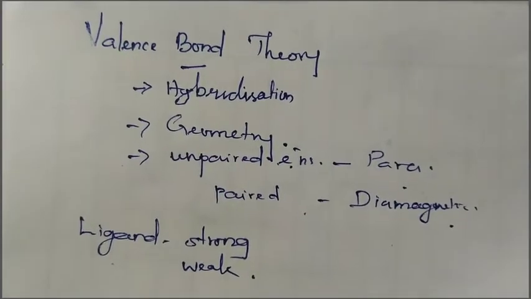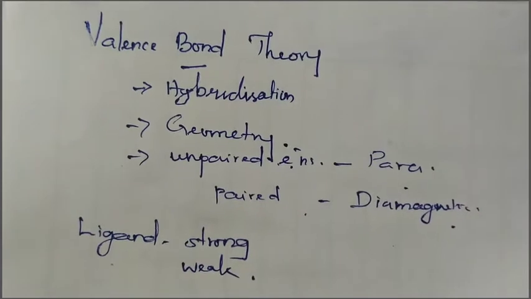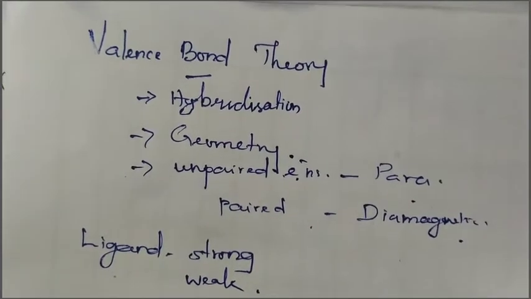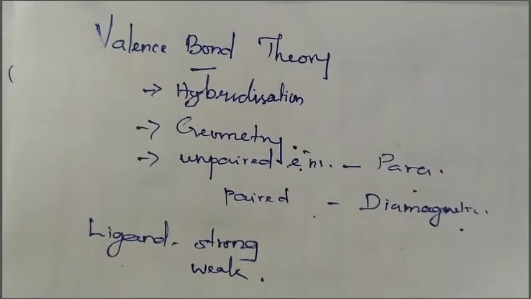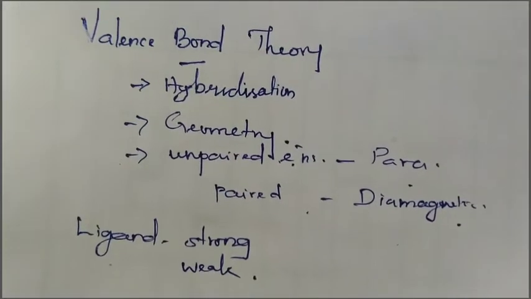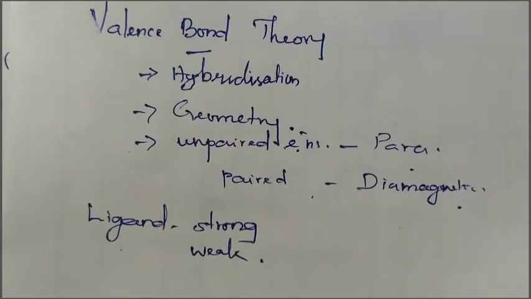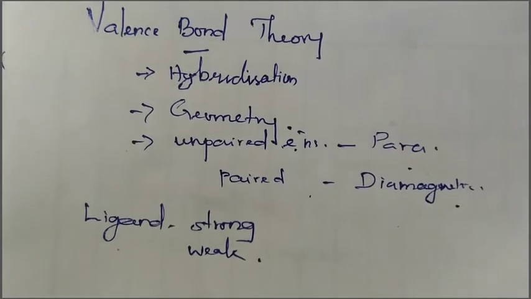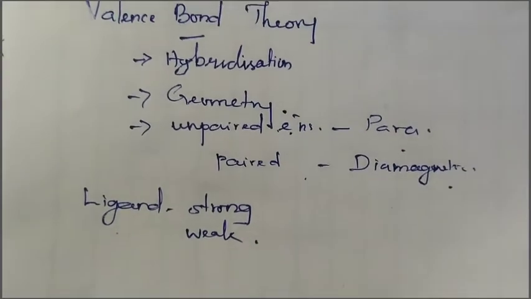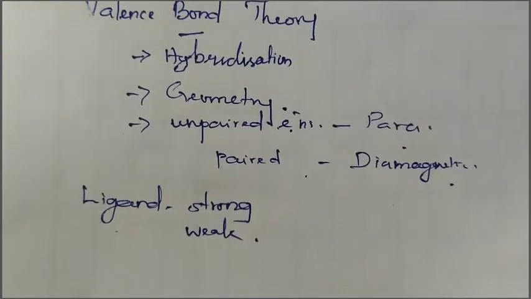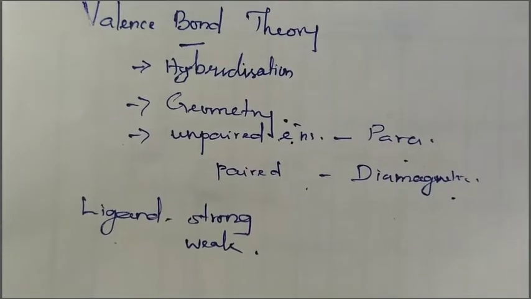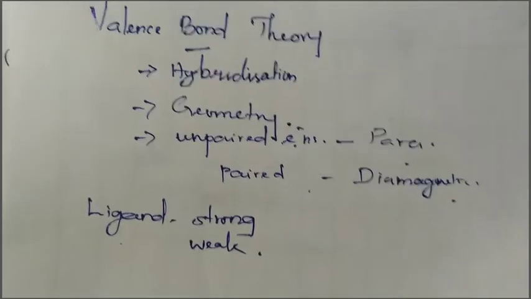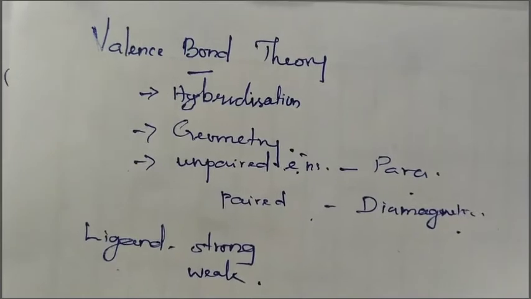From the spectrochemical series, we are classifying the ligands into strong and weak. Up to water, the ligands are considered weak field ligands in the spectrochemical series. After water, the ligands are strong ligands. All these things we studied in valence bond theory.